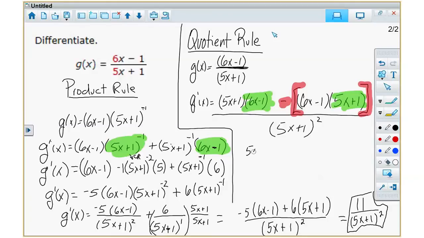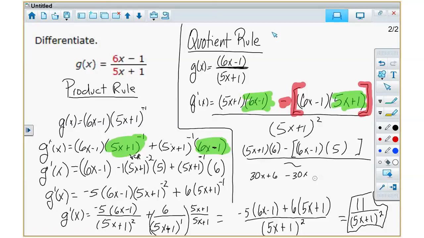So that'd be 5x plus 1 times 6 minus brackets 6x minus 1 times 5, there's our 30s, over the common denominator, and then 30x plus 6, minus 30x plus 5 over the common denominator, and that is going to give you that because that goes out.